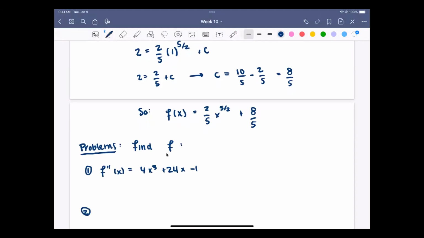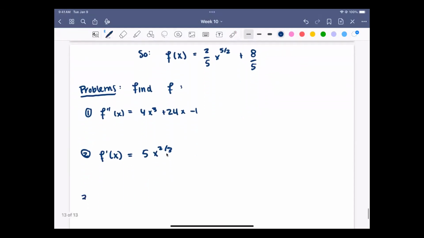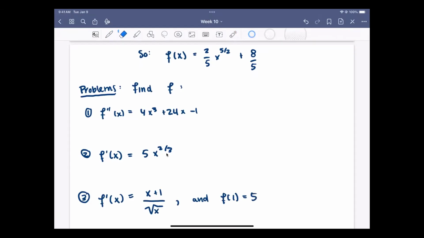Second one, f prime of x is equal to 5x to the 2/3. And then the last one, f prime of x is equal to x plus 1 over square root x, and f of 1 is equal to 5. And maybe I'll just say find any f that satisfies this.